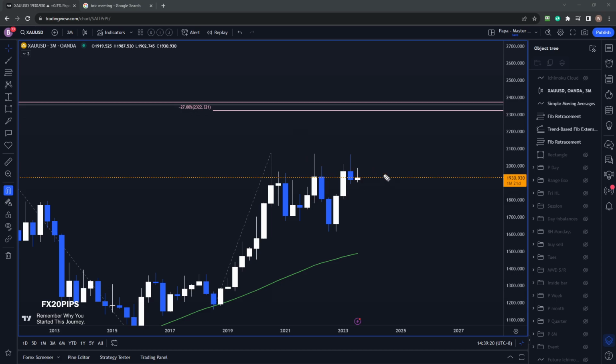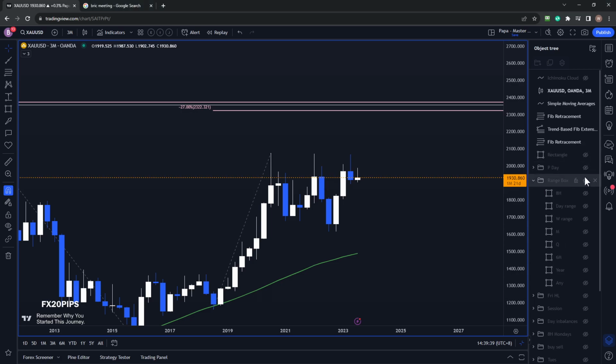What we can see is that, remember our range box. Based on 3 months, all these candles are still within a range of this 3 months candle. So let me just put that on. Where is my range box? So quarter.